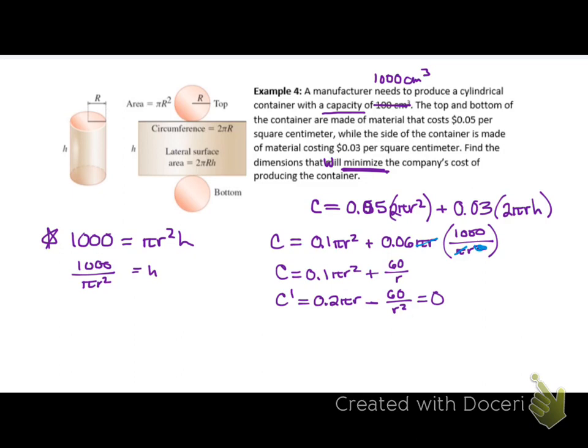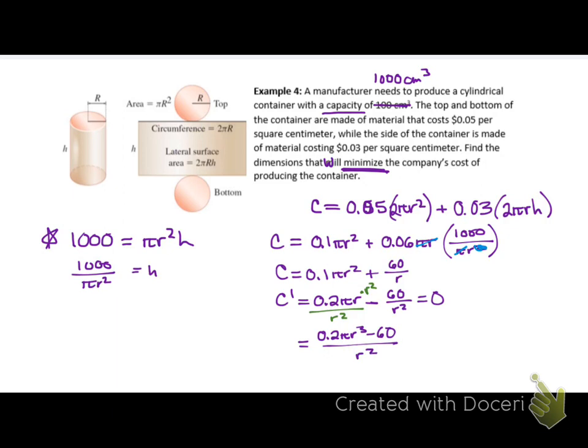So the way that I'm going to do this is get a common denominator. Right now r squared is in the bottom of the right one, so I'm going to multiply by r squared over r squared. So this equals 0.2 pi r cubed minus 60 over r squared.